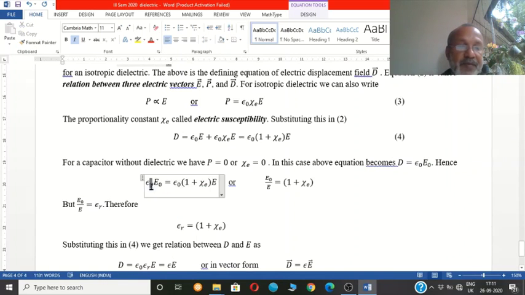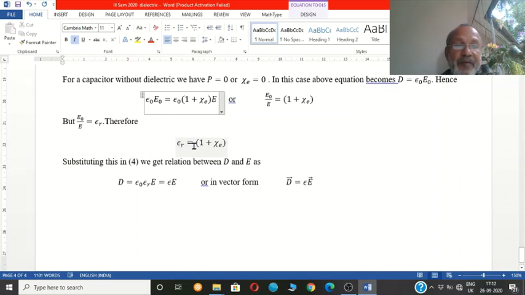We can cancel epsilon 0 on both sides and take E to the left hand side, then you get E0 by E. E0 by E is the field in vacuum by the field in medium, that is the relative permittivity. So relative permittivity is equal to 1 plus chi E. This is the relation between susceptibility and relative permittivity.